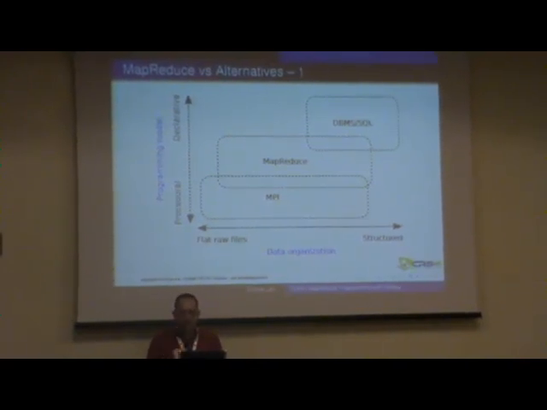It's not as structured as a DBMS, which has highly structured data. But there is some structure because from the computational point of view, we have a stream of key value pairs, even though data is read from flat files. And also it's somewhere in between the procedural and the declarative programming model.